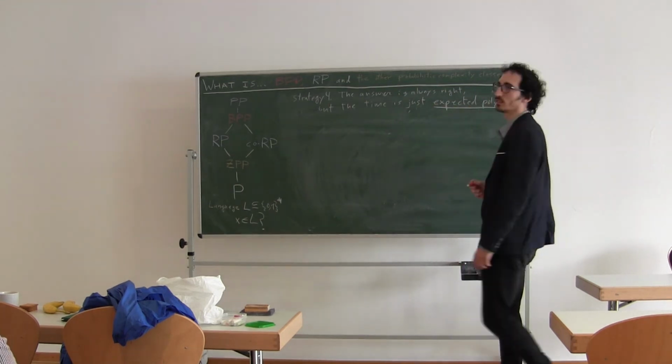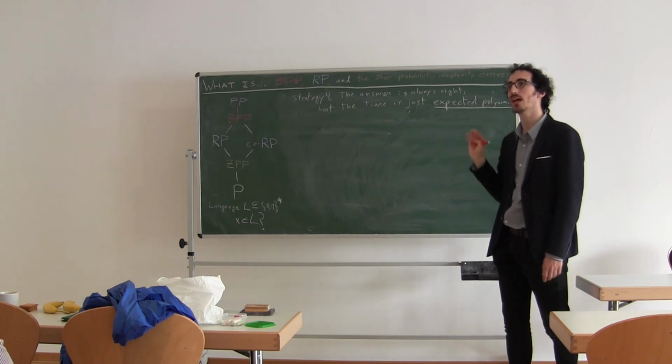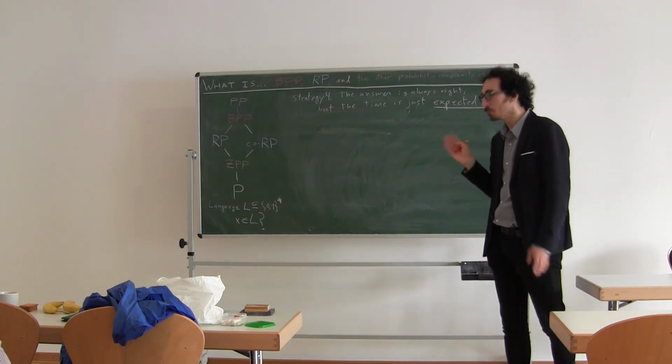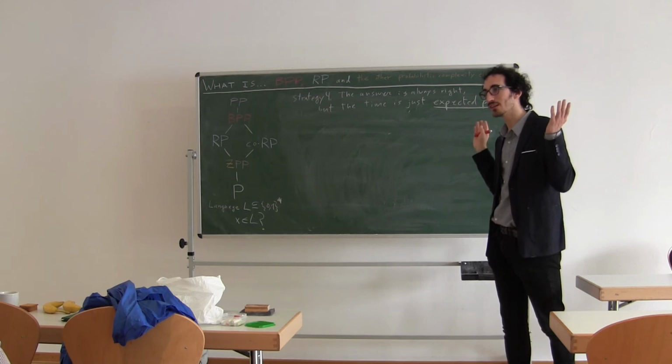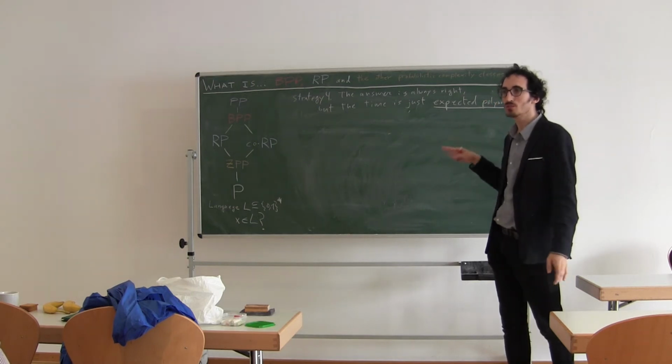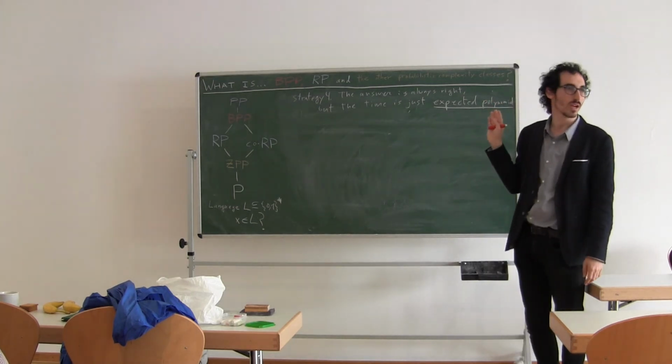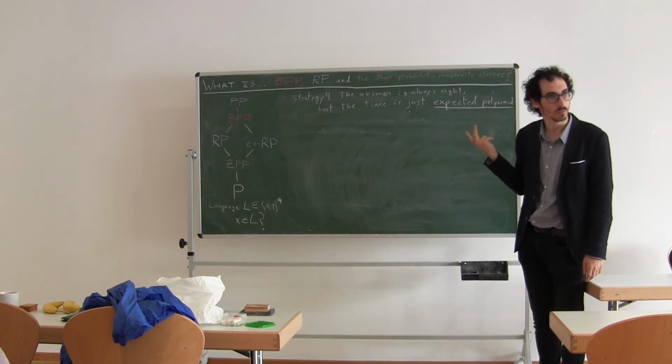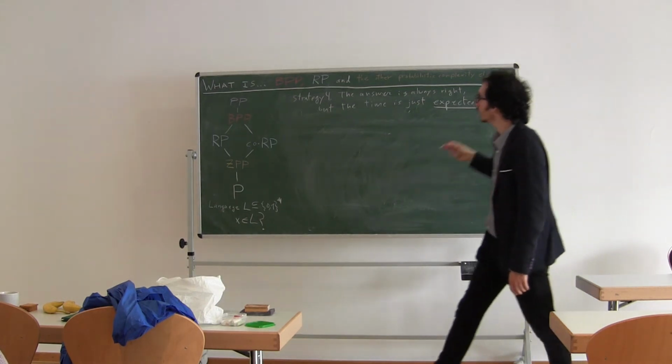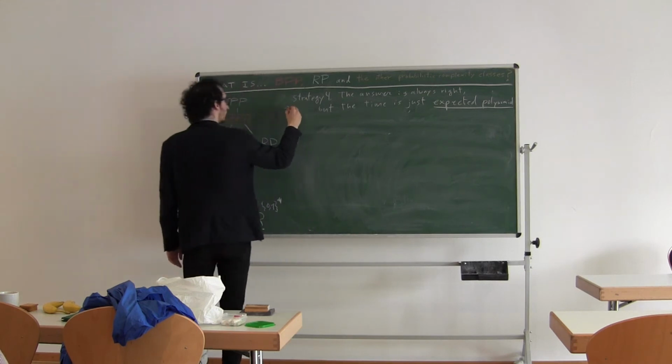This is the essential property. You know that the expected time is polynomial. Maybe when you run it, you don't know how long it will take, but you know that the expectation of this time will be a polynomial in the size of the input. So this is essentially the class ZPP.